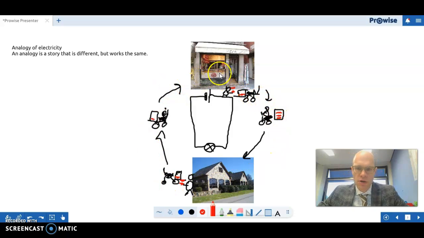So what is going around the circles is the delivery guys on the mopeds, or e-bikes these days. Sometimes they are e-bikes, and what they get over here are pizzas, and they bring it over, they give it over there.